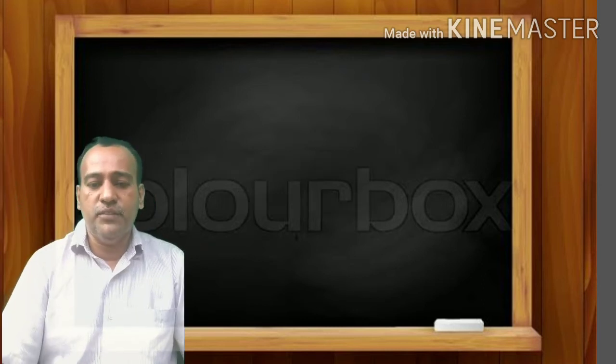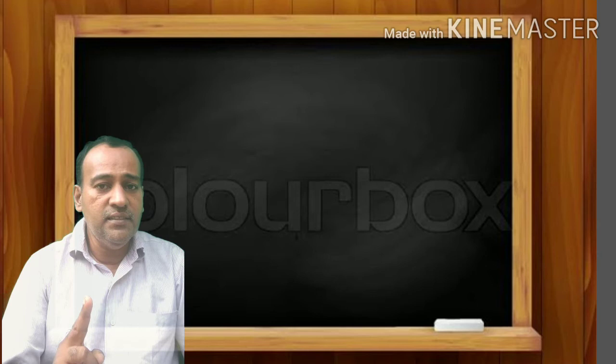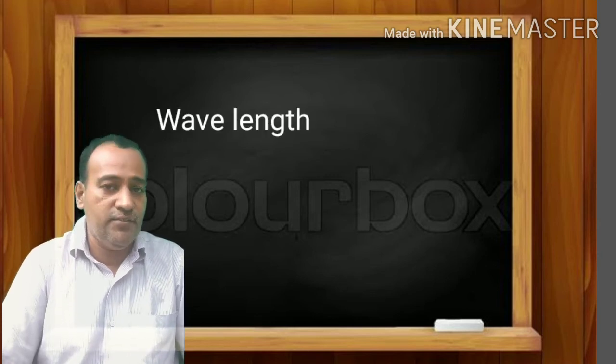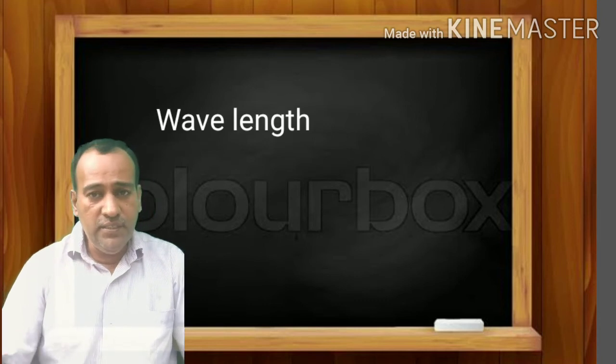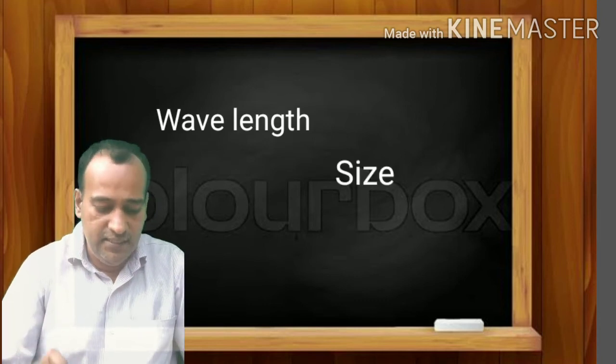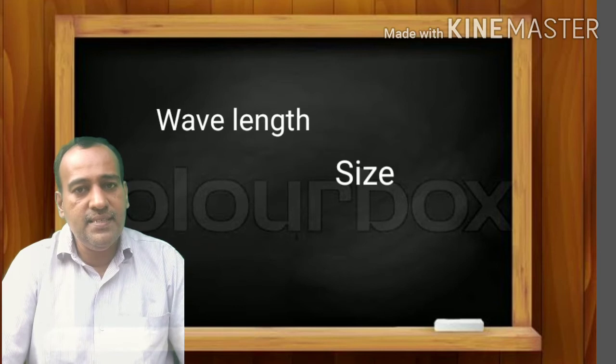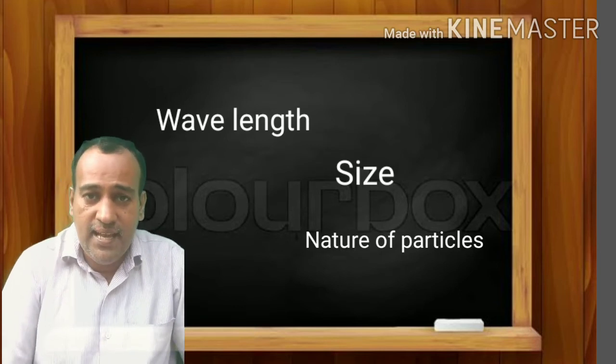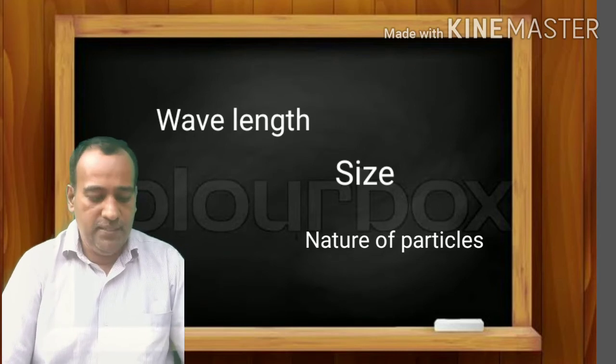I will give some examples for that. The first thing is that it depends on the wavelength of the light used. The wavelength of the light, in turn, depends on the size and nature of the particle.